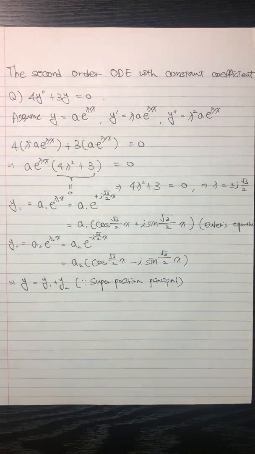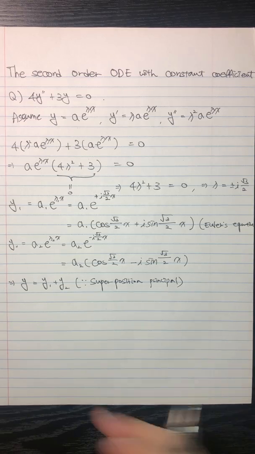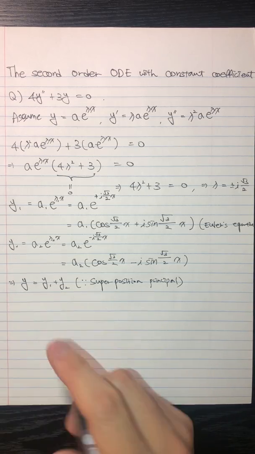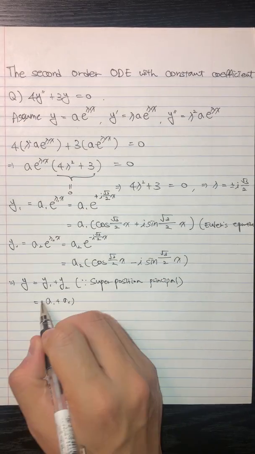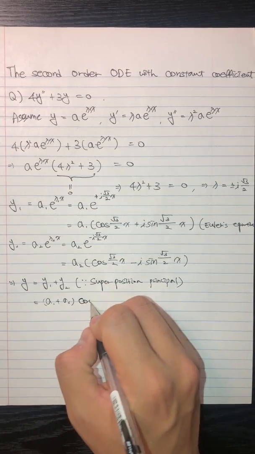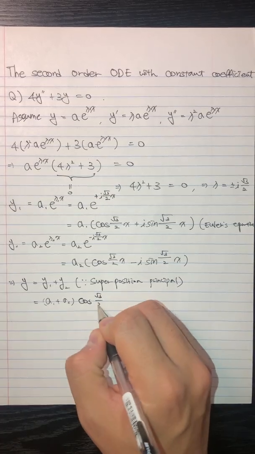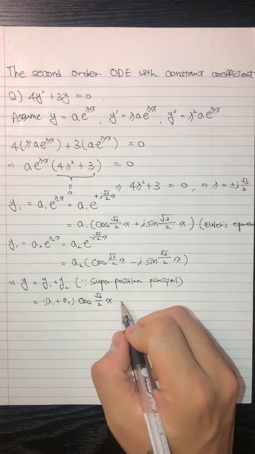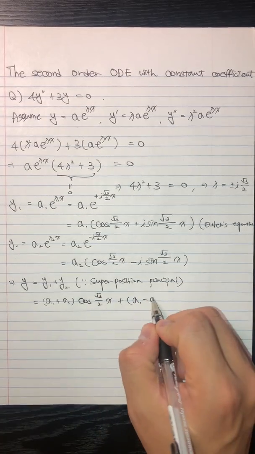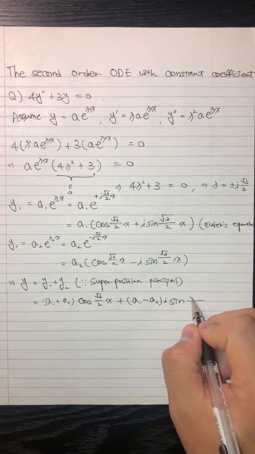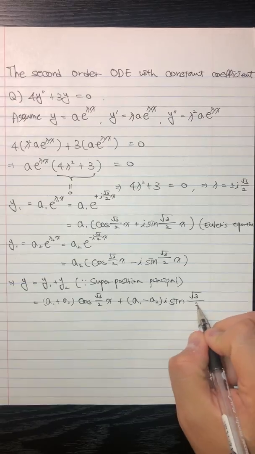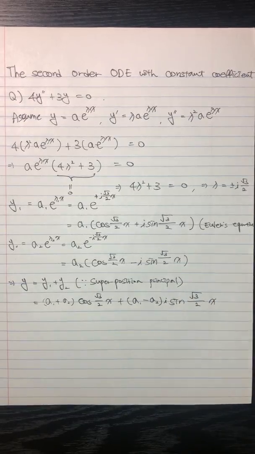By using the superposition principle, we can find another answer, y1 plus y2, right? So (a1 + a2) cosine of √3/2 x plus (a1 - a2) i sine of √3/2 x.